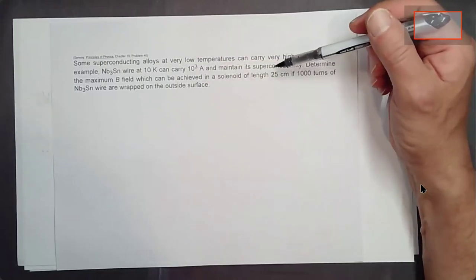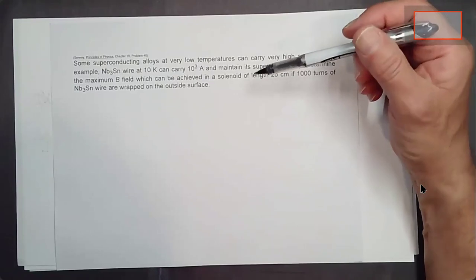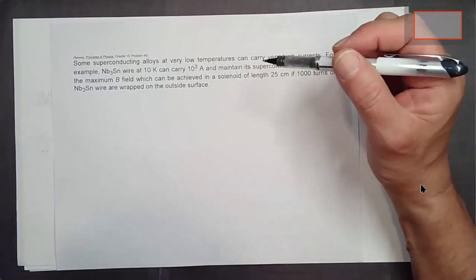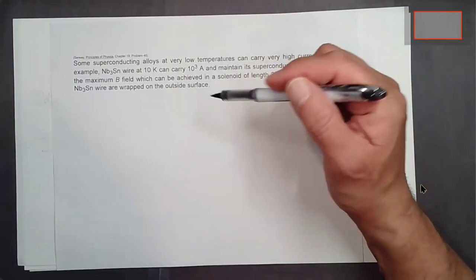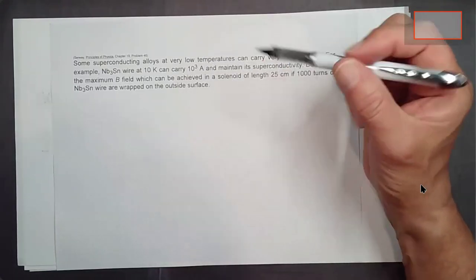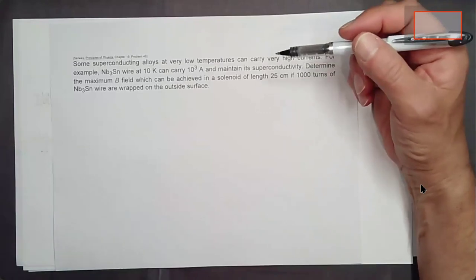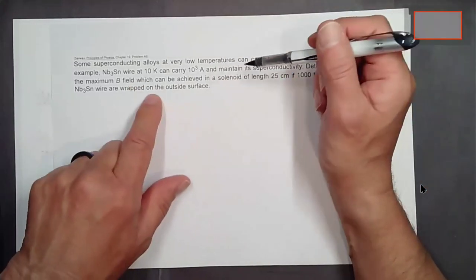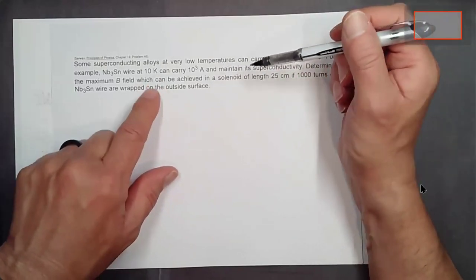And if they go above that, then they cease to be superconductors. Also, they'll usually have limits to the amount of current that they can carry, although it's usually expressed as a limit to the current density that they can carry.